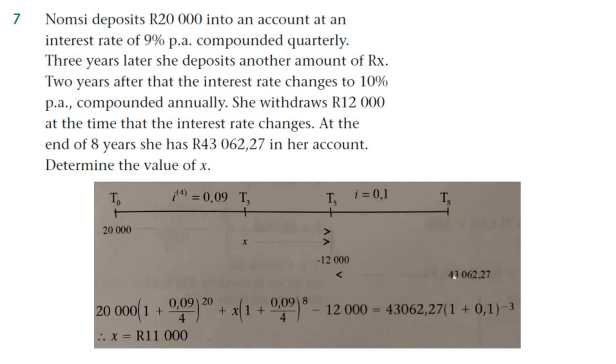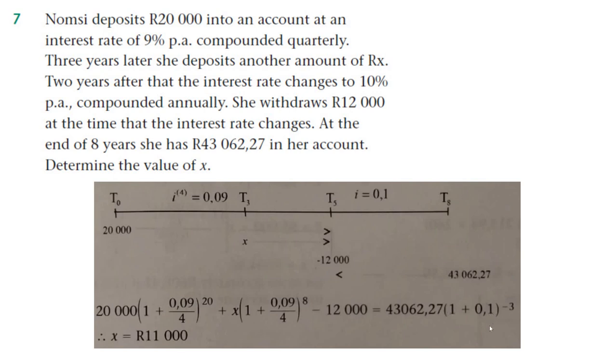It's so easy. I used to do the problem differently. Now I agree with Miss Olkers that this method is way better, because all you do is run it back to this place. And how do you go back in time? Instead of compounded quarterly, it changes to 10% compounded annually.